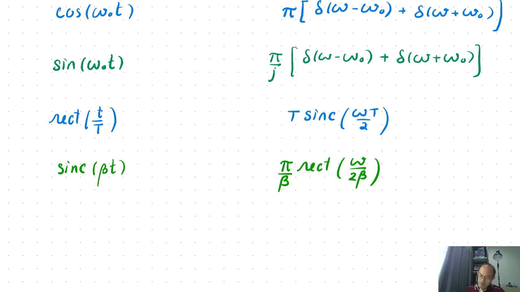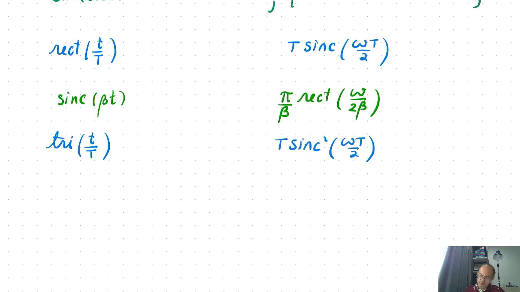And the next one is the triangular signal t over big T, which has the Fourier transform of T sinc squared omega T over 2.